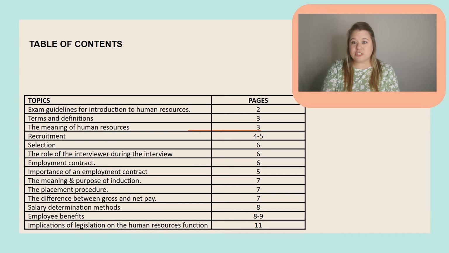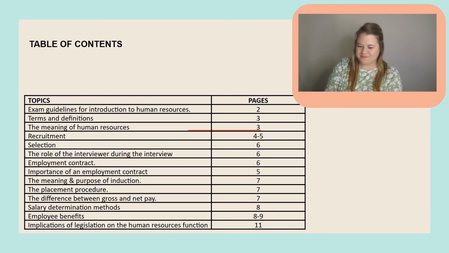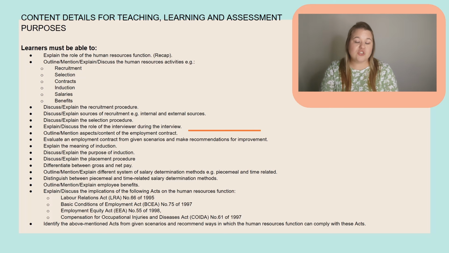Alright, so in the video today, we're going to go through the following. You're welcome to pause it at this time. I'm not going to go through all of this. We're going to look at the exam guidelines, meaning how they can ask these questions in your exam coming up. We're going to be looking at definitions, the meaning of human resources, recruitment, selection, employment contract, employment benefits, and so on. All right, so here is how they can ask you questions for human resources.